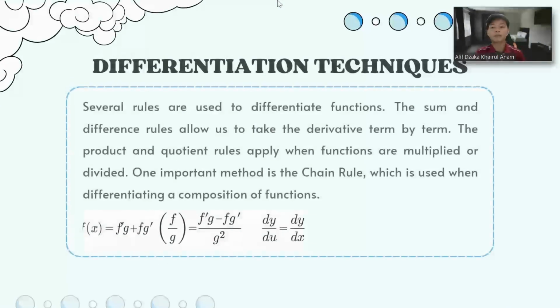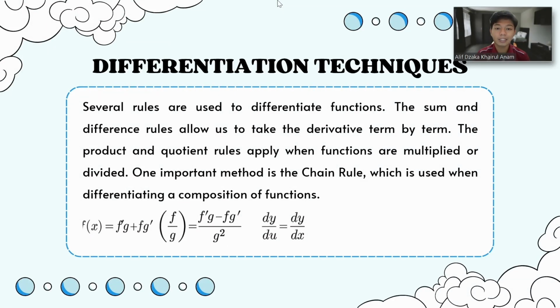Next, in the next slide, we have differentiation techniques. Several rules are used to differentiate functions. The sum and difference rules allow us to take the derivative term by term. The product and quotient rules apply when functions are multiplied or divided.